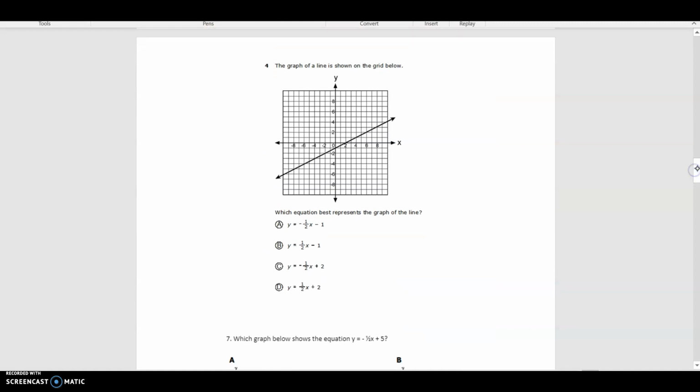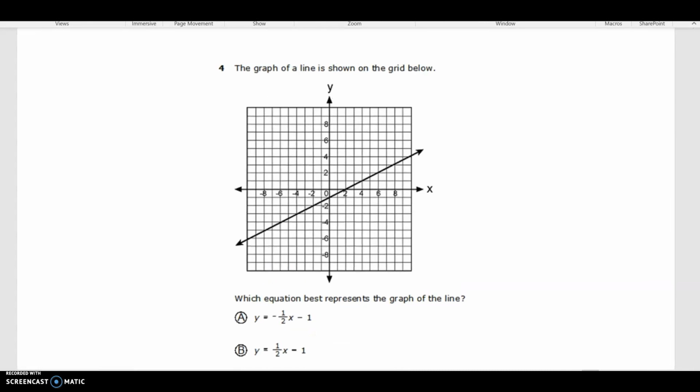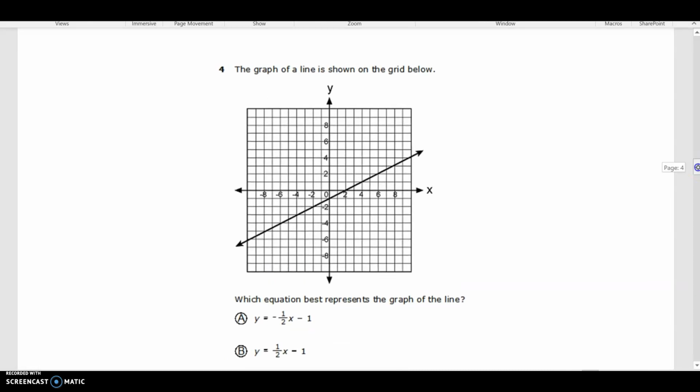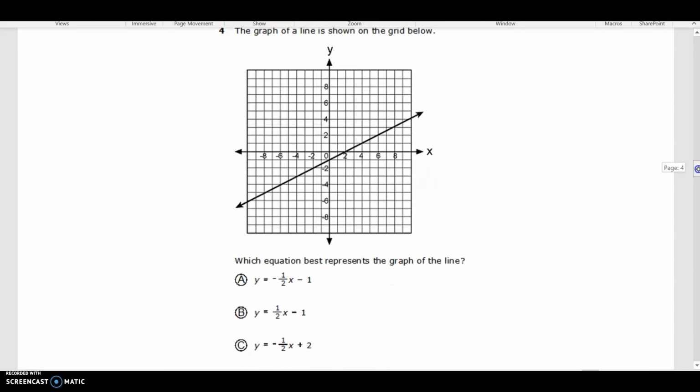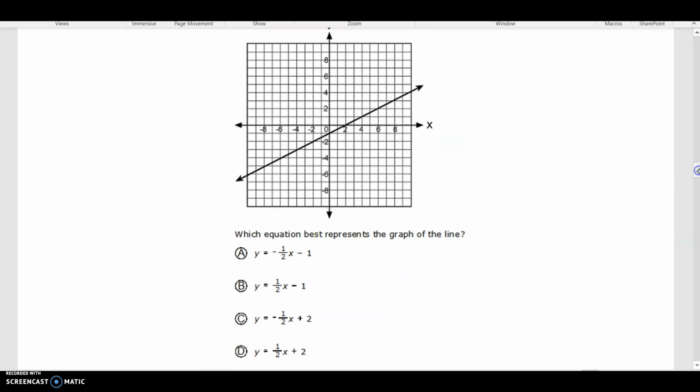So this example, let's zoom it in a bit. All right. It says the graph of a line is shown in the grid below. Which equation best represents the graph of the line? So again, we know our steps, right? So we have our equation y equals mx plus b.